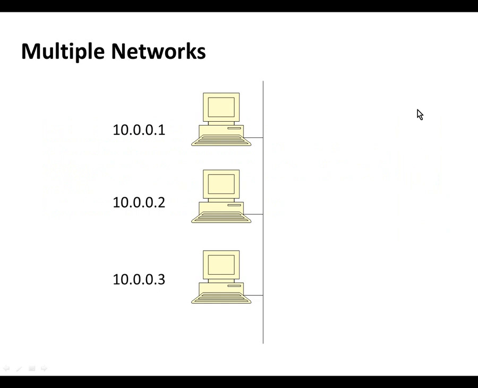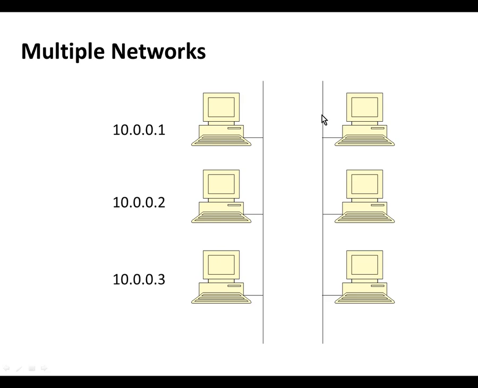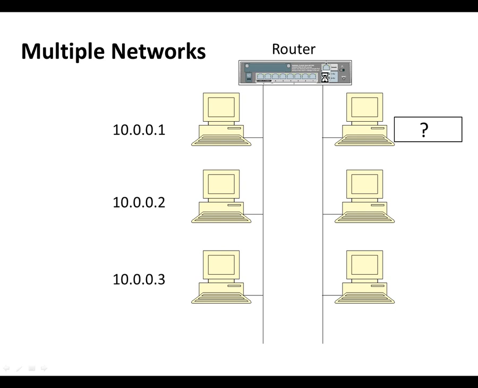Now let's look at the situation if we have multiple networks. Here's our original network, and then let's say we add another building or another floor to our building, and we put the computers in there, and that's the additional network, and then we connect the two networks together with a router. And the question is, what is the IP address going to be of this computer here? Well, if this one here is 10.0.0.3, couldn't we just make this one on the next network 10.0.0.4?